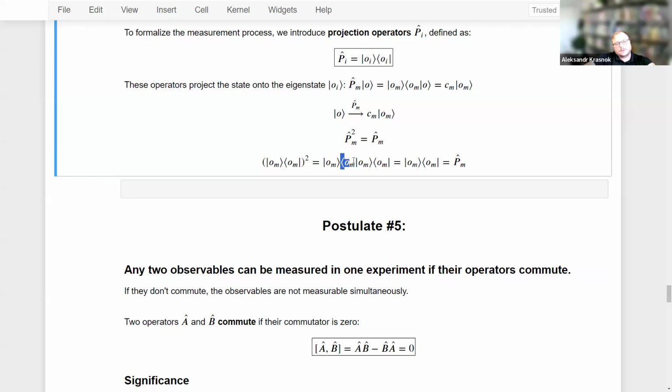Since these basis states are orthonormal, which means they are orthogonal and normalized, so they have length 1, the basis vector times basis vector is equal to 1, right? And as a result, you get this outer product, which is the projection operator itself. Do you have any questions?